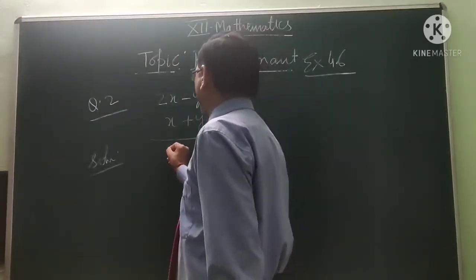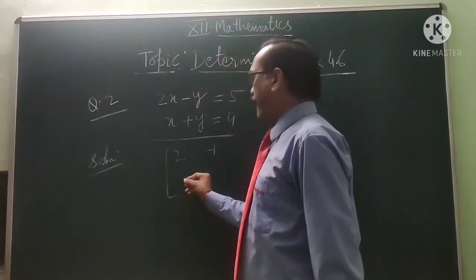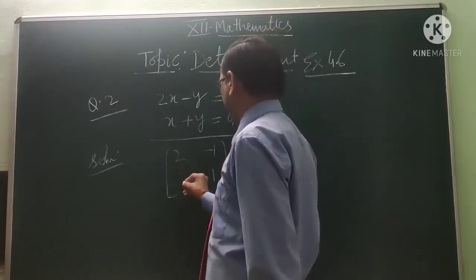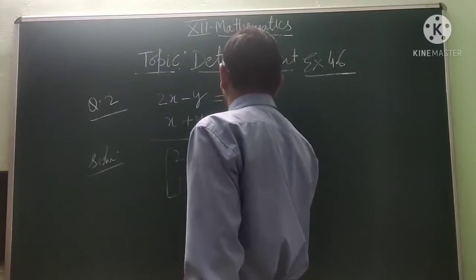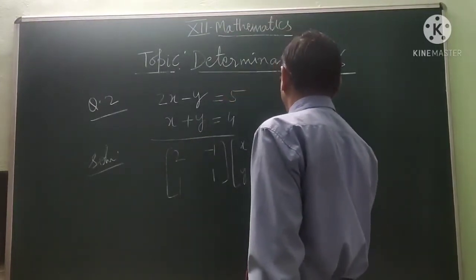The matrix form of the equation is [2 -1; 1 1] times [x; y] is equal to [5; 4].